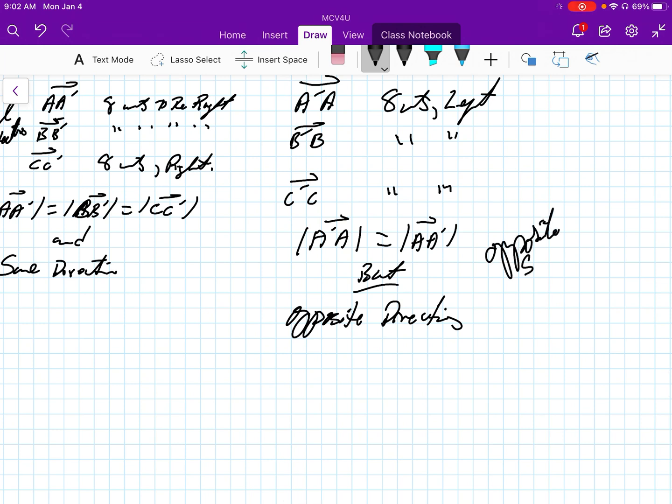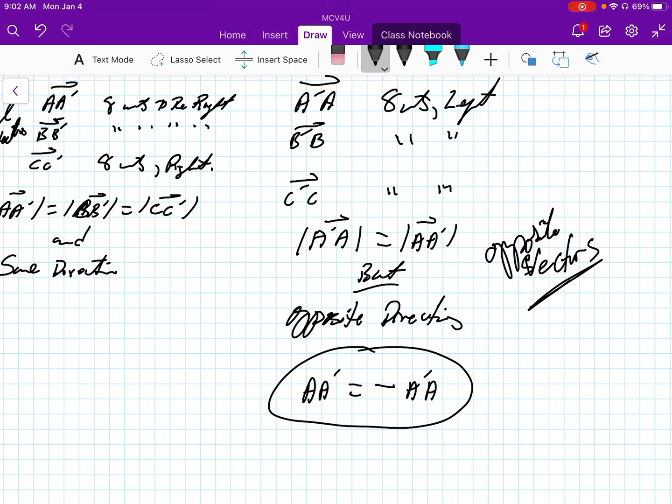And what we can write here is A prime A is equal to negative A A prime. This is how we symbolize opposite vectors. We use the negative. That's how we start throwing in this negative there. You see how that works?